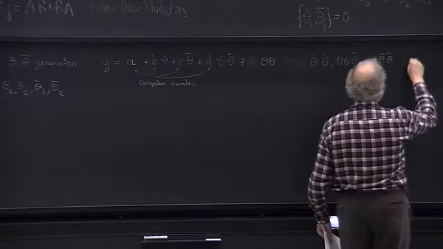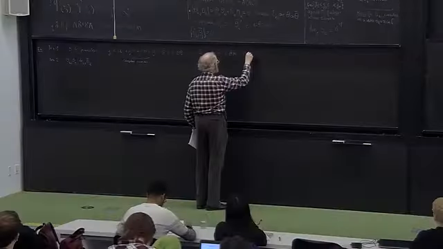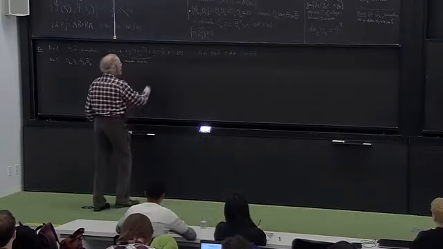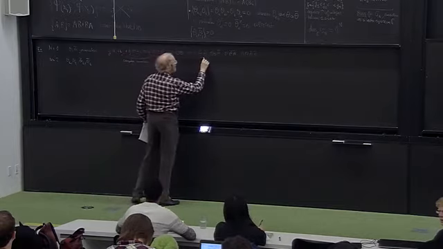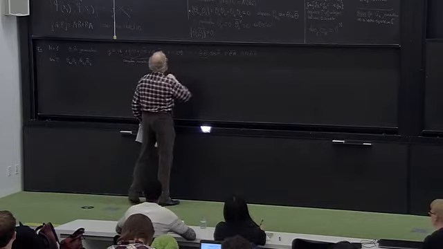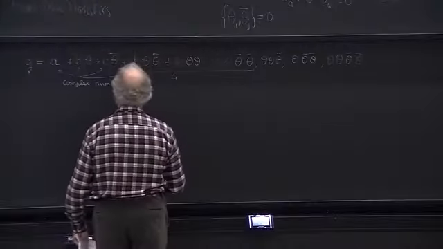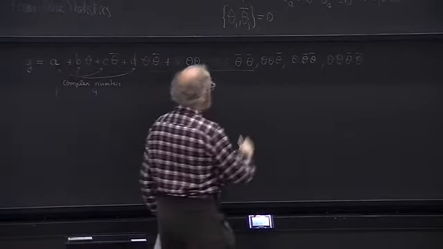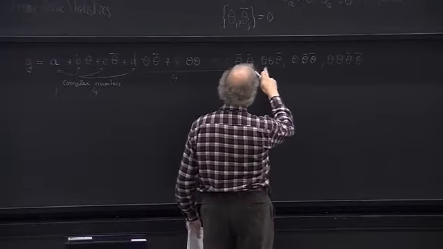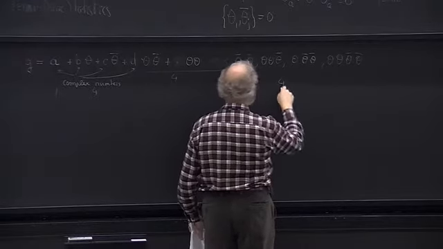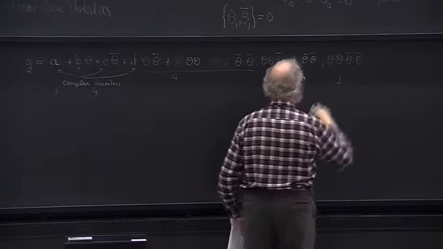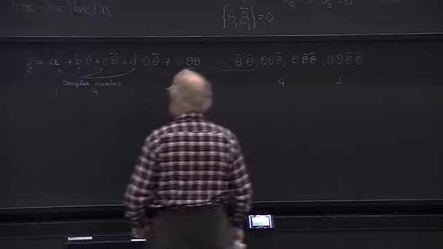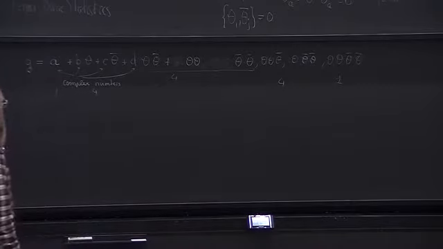So here you have 4 possibilities, 1 plus 4 plus 4. Here you have theta bar 2, so you have 2 possibilities and 2 possibilities, which is 4. And this one, you have only 1 possibility because you have only theta 1, theta 2, theta bar 1, theta bar 2. So this should sum out.